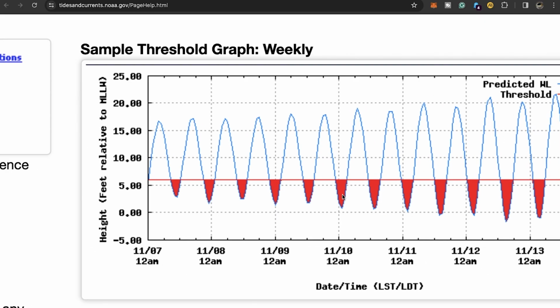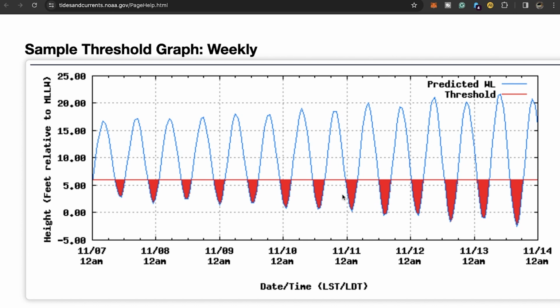So let's talk a little more about predictability with these tides. Unlike weather, like wind and rain, which is very volatile and hard to predict, tides, especially here on the east coast of Florida, are very predictable. So if you're like myself and need to carve out 3 hours of fishing time before you have a responsibility you need to get to, it's very useful to use these tides to predict trips weeks in advance.